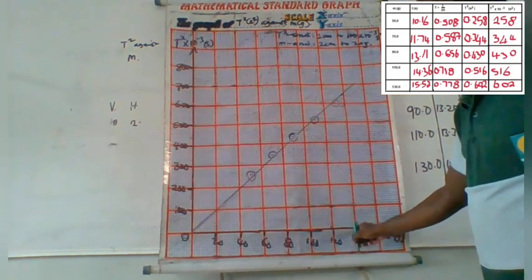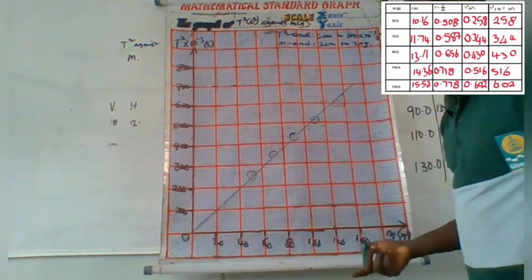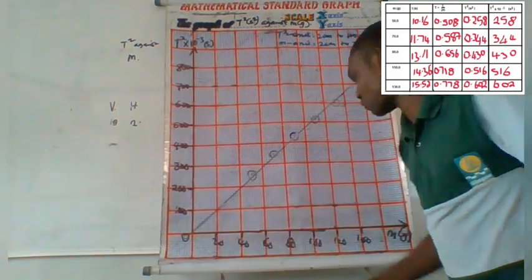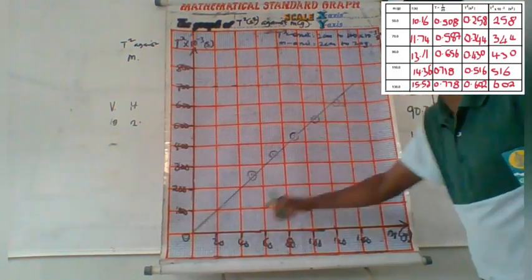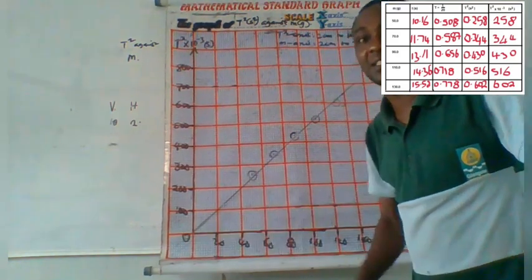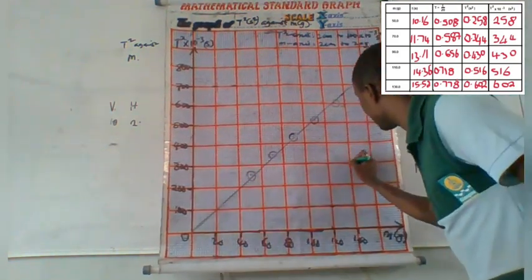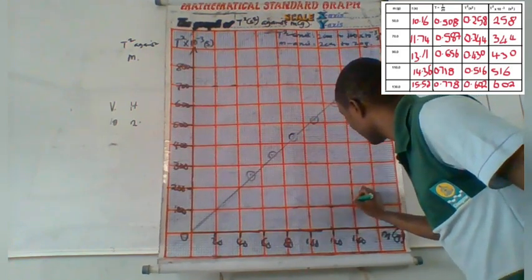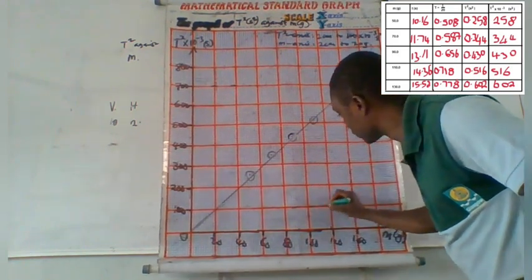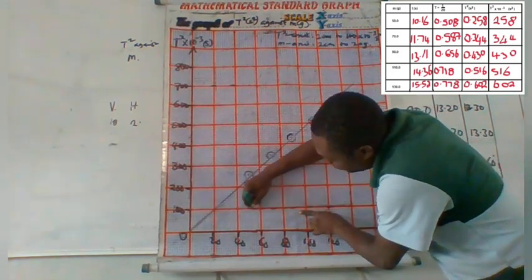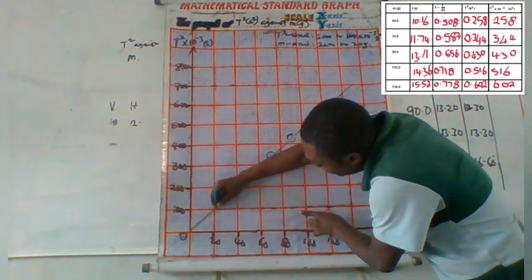So I won't need to trace it to the other side again. My origin is 0, 0. I'll trace it to the x-axis since this actually touches the x-axis. But if it doesn't touch the x-axis, you can draw the triangle. Let me draw the triangle through this point. My right angle triangle is drawn through this point to this point.